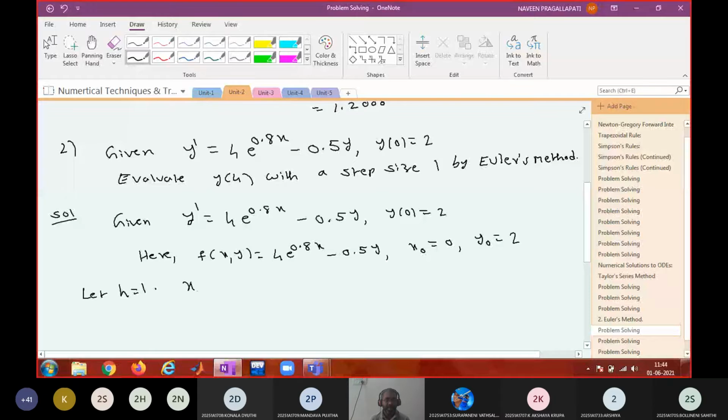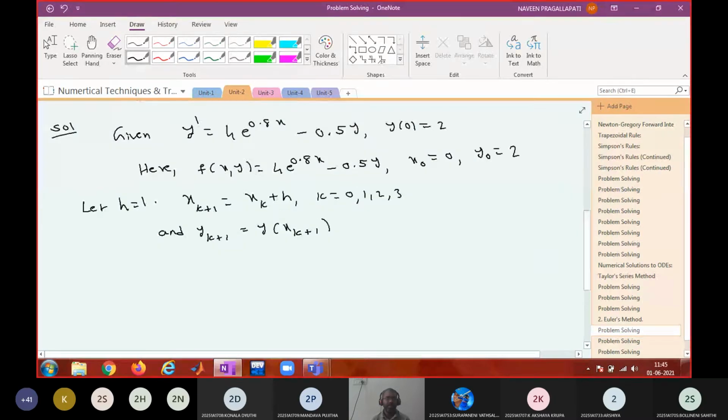And xk plus 1 is equals to xk plus h, k equal to 0, 1, 2, 3. Okay, and yk plus 1 is equals to y of xk plus 1.